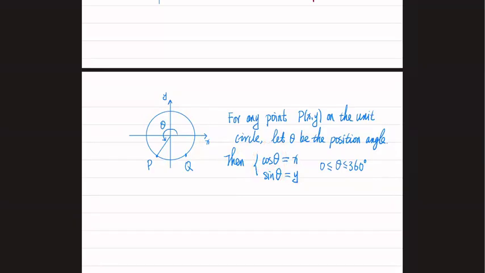Okay, so let me label this. We start at 0, and then use a different color. 0 and over there, 90, there, 180. Aaron, what's this one? 270. Yes, 270. Then we go back to 360.